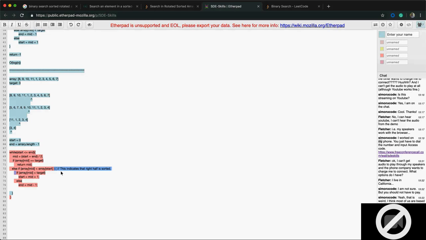Let's continue. Yeah, and then we'll have one more else, which would be when the array of mid is greater than the... We should write the condition actually.